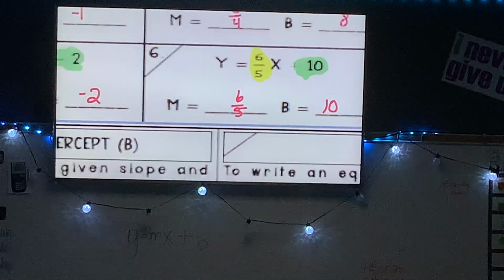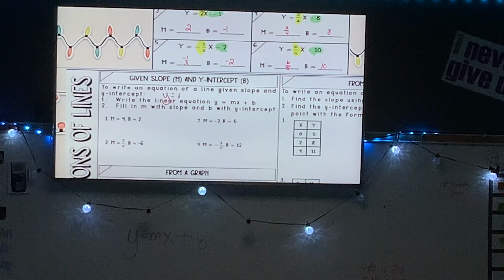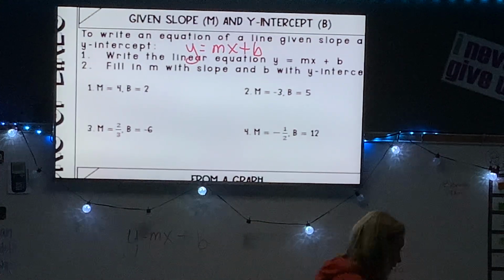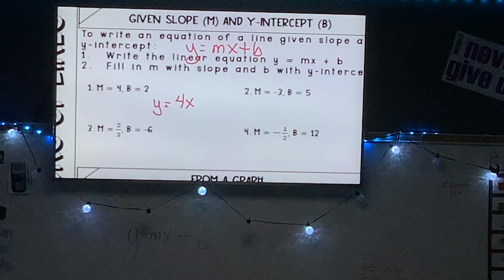Now, we are going to look down here. Let's go ahead and rewrite our y equals mx plus b. I am now just going to plug my numbers where they go. It says my slope is 4, so I plug that in front of the x.